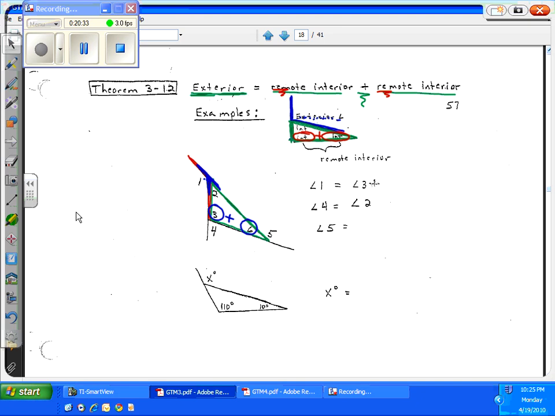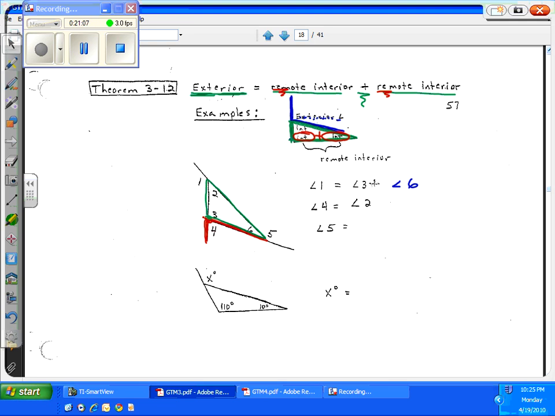According to this theorem, then the exterior angle, angle 1, is equal to the sum of its two remote interior angles, angle 3 and angle 6. Okay. Now we're going to draw exterior angle 4. We're going to identify its two remote interior angles.